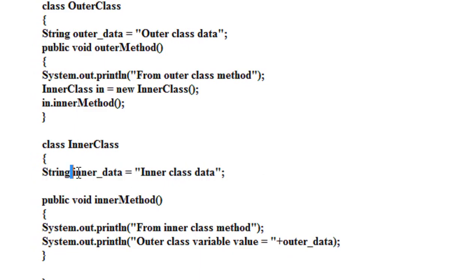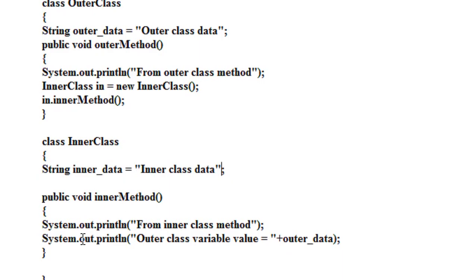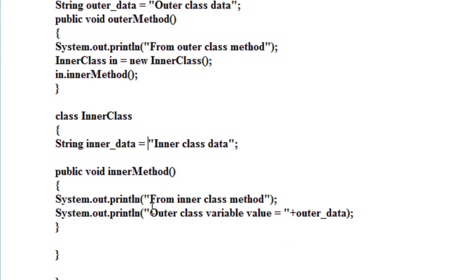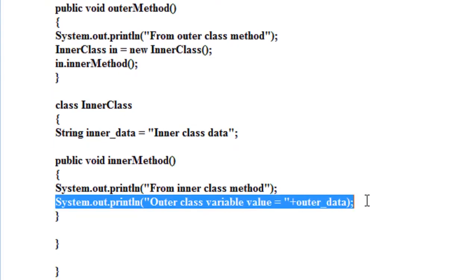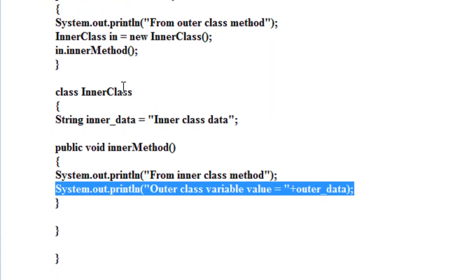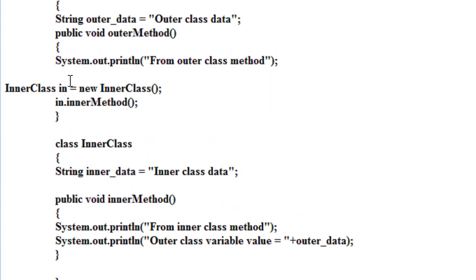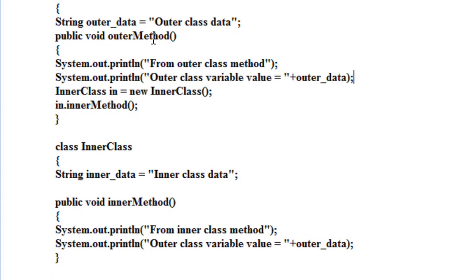Now you can see that there is a string variable called inner data present in the inner class. Now I just try to access this variable from the outer class. So I just copy this statement and I just paste it in the outer class method.